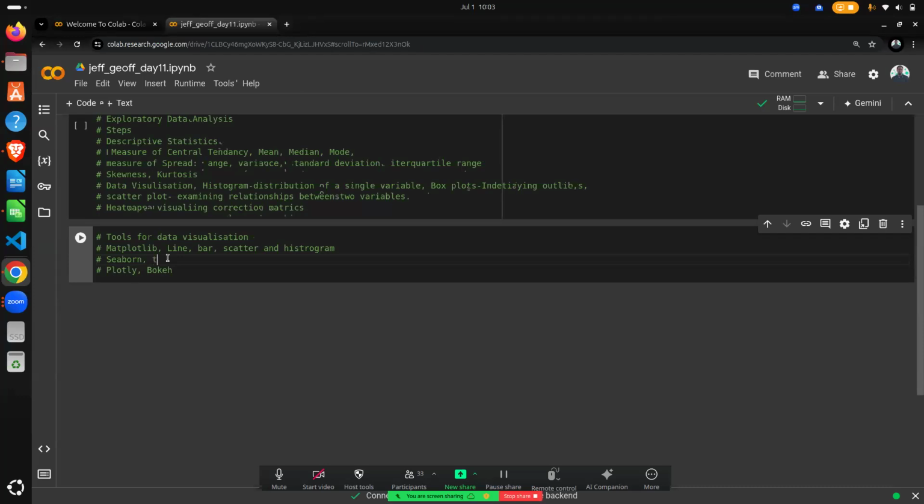Seaborn has the themes, the colors, color palettes. Actually, they look more attractive.